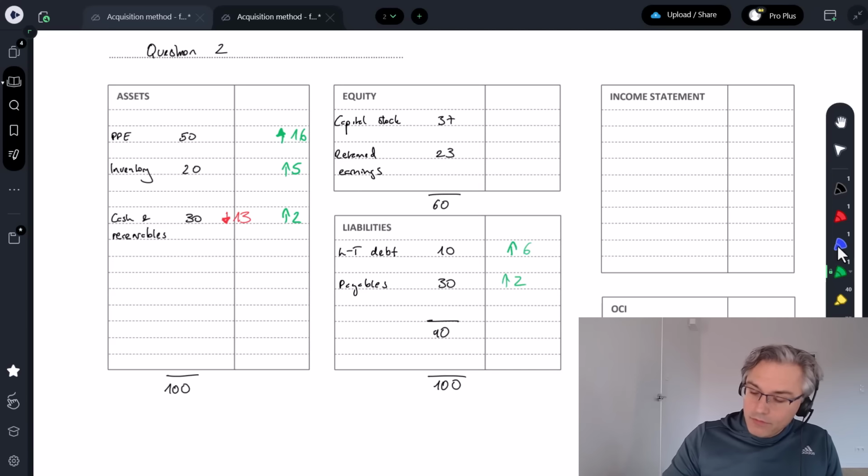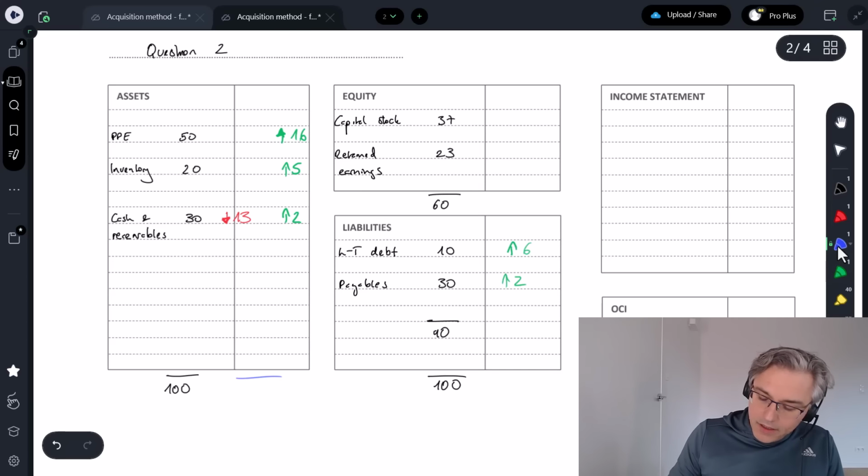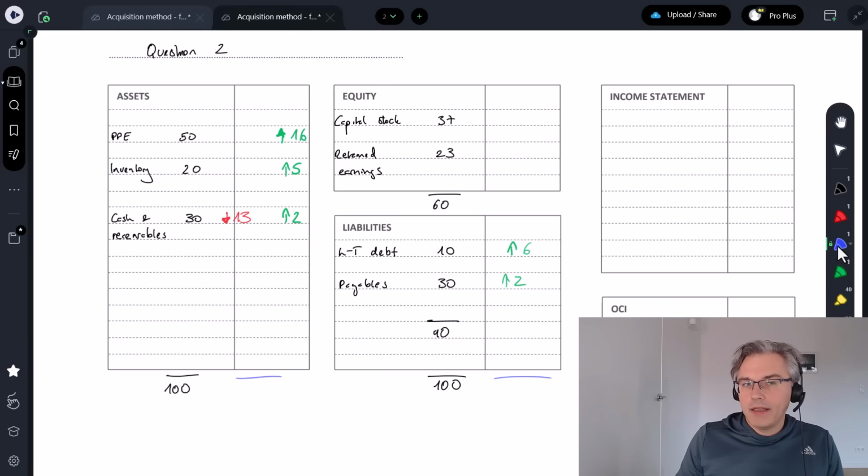And of course, once again, I'm going to see if we can balance the balance sheet, and I know we won't, because now there should be a difference, assets being higher than equity and liabilities, as opposed to the previous situation.